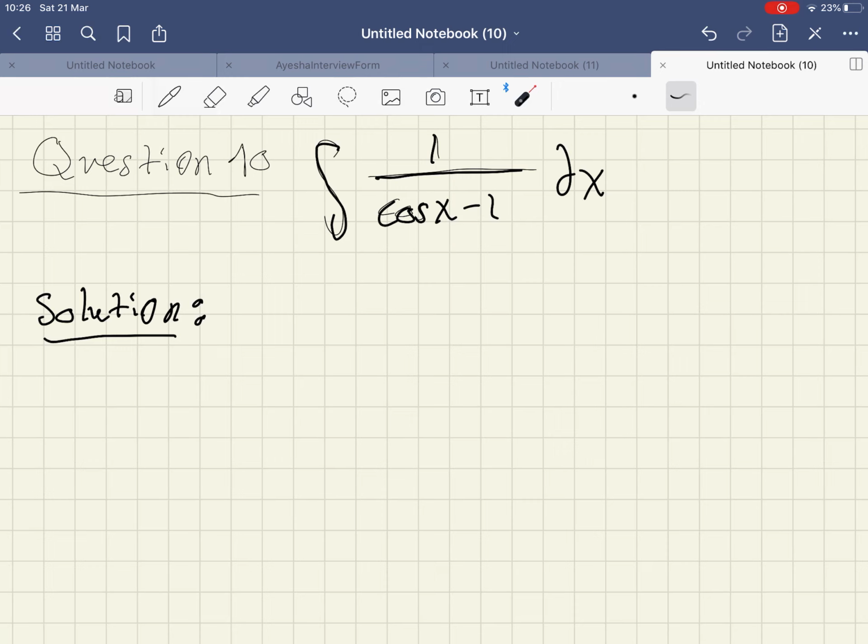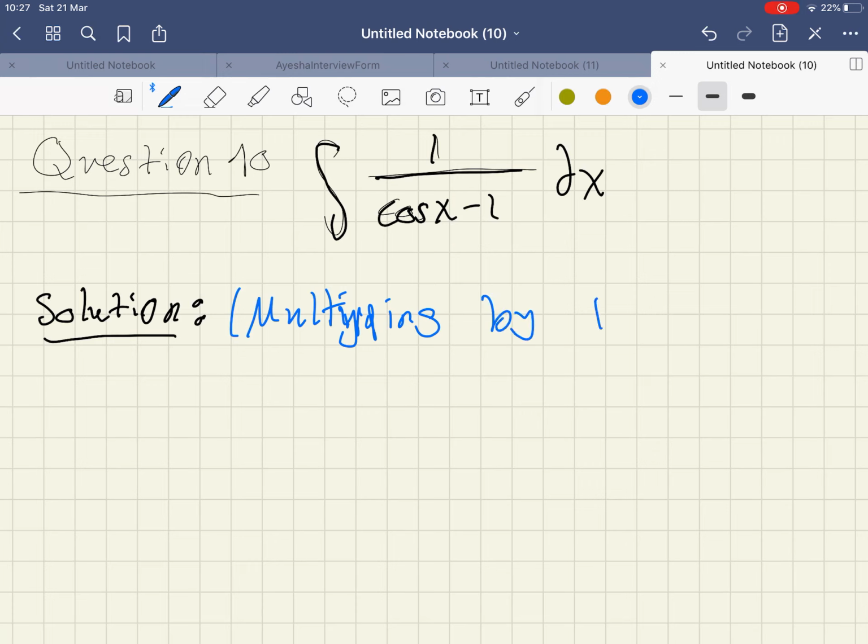Here we have a different situation where we have cosine x minus 1 in the denominator and we have 1 in the numerator. If you remember from calculus 1, if we have a rational function like this, the idea was we need to use multiplying by the conjugate.